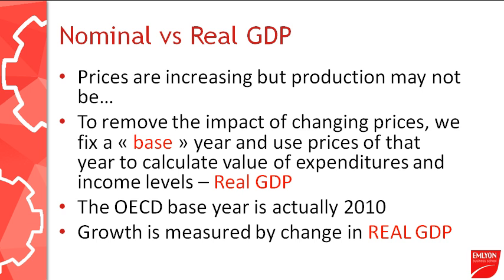Now, an important distinction needs to be made between nominal and real GDP. Imagine, if you will, an economy where production is not increasing but prices double. If prices double, we have a lot of inflation, 100% inflation, but production has not gone up at all.